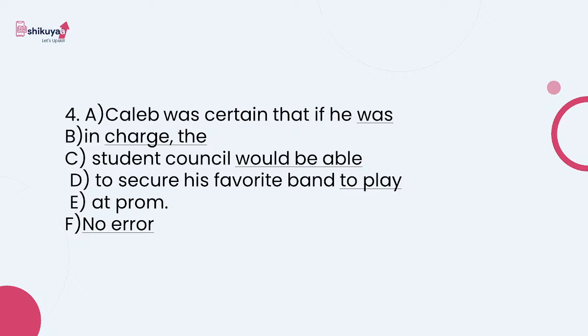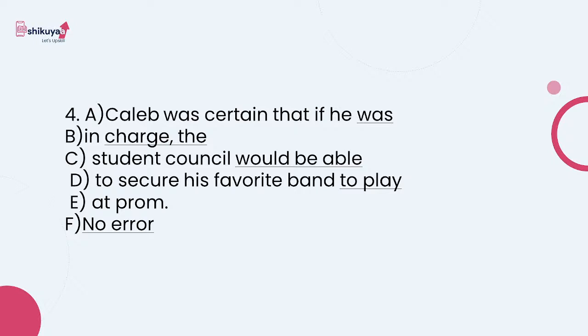It is just a hypothetical situation, and that's why after he, instead of was, we must use were. Okay, so that is the error in this part, and instead of was, were should be used. So Caleb was certain that if he were, that will be the right answer. Let's see the remaining parts also.